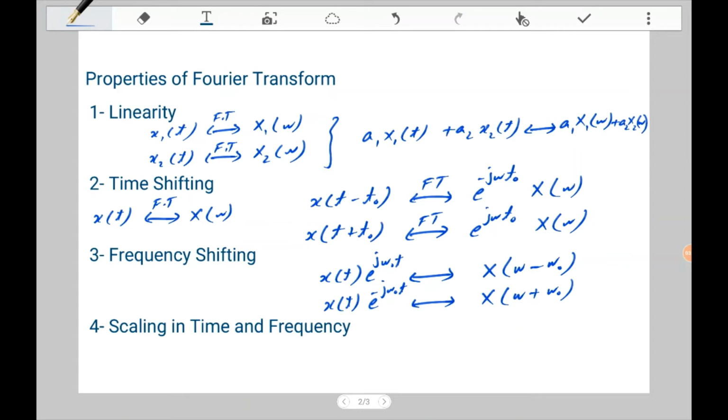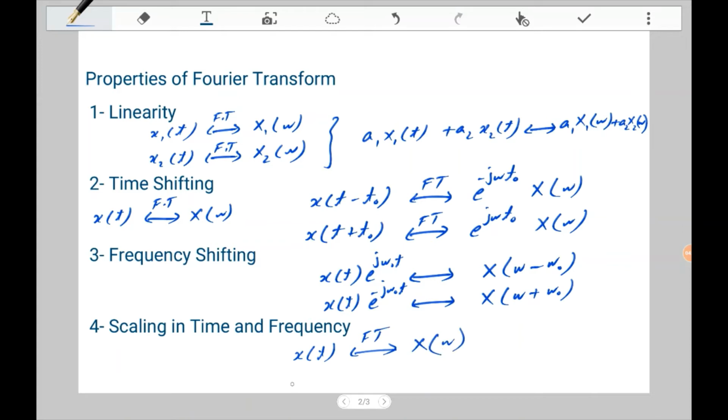The next property is time scaling. So if we scale a signal in time domain, it will impact the signal in frequency domain. Let's say we have a signal x of t whose Fourier transform will be X of omega.